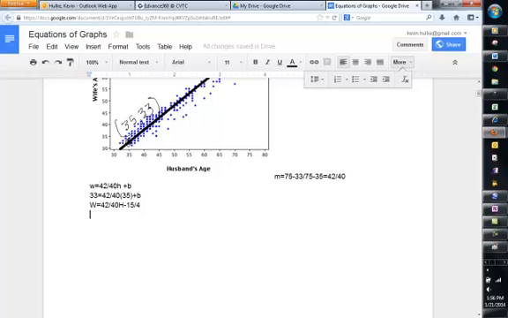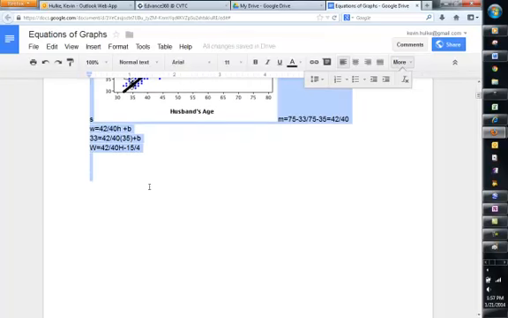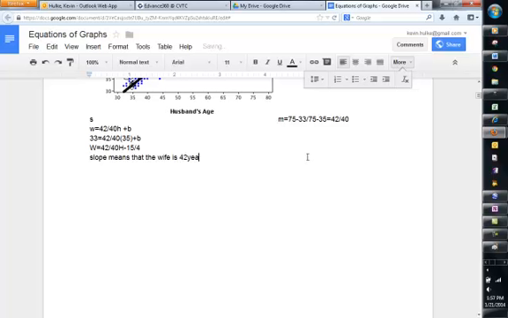The slope means, in this case, that the wife is 42 years per 40 husband years.